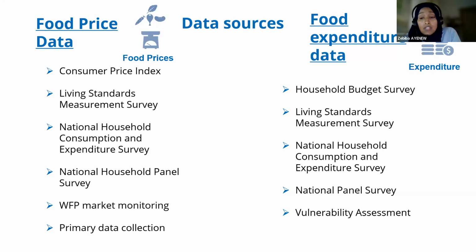If none of these secondary data sources are available, or if the secondary data sources for food prices don't have a comprehensive list of foods for a cost of the diet analysis, then we resort to primary data collection. On the right side are also sources of secondary data to extract food expenditure values.